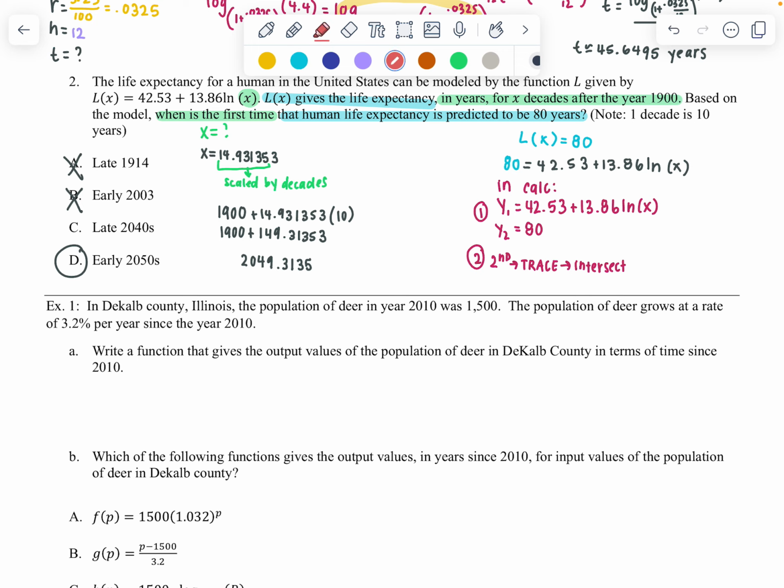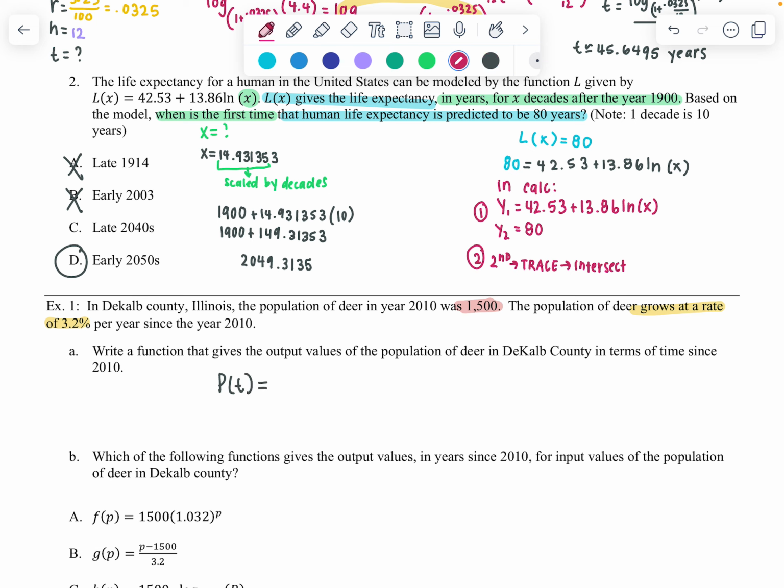All right, once you've attempted, let's go ahead through it. In DeKalb County, Illinois, the population of deer in 2010 was 1,500. The population of deer grew at a rate of 3.2% per year since 2010. So let's say this. We know that we have a population in comparison to time.